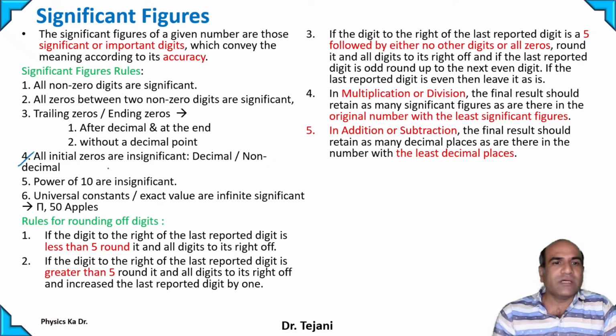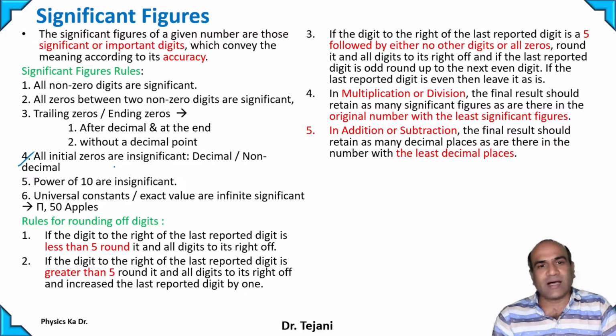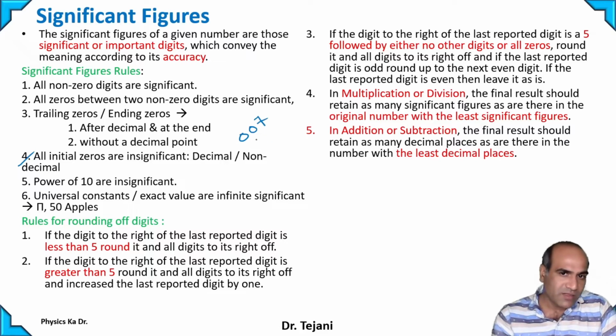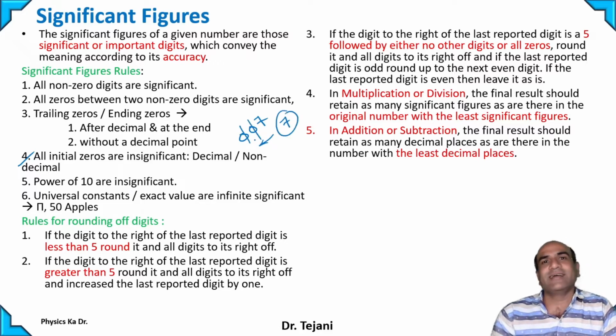For all initial zeros, they are insignificant. If zeros are coming at the starting position, 007, James Bond. But in mathematics, these zeros have no value. So James Bond becomes only 7. There is no 007, now it becomes 07.